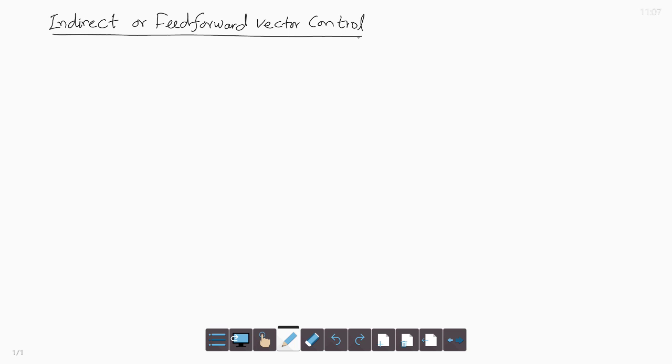So, the main point about indirect vector control is that the unit vector, that is e to the power j theta e, is generated in feed forward manner.